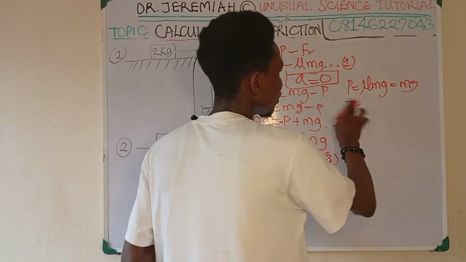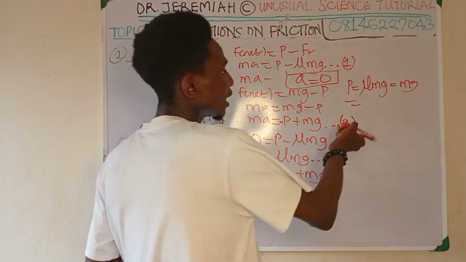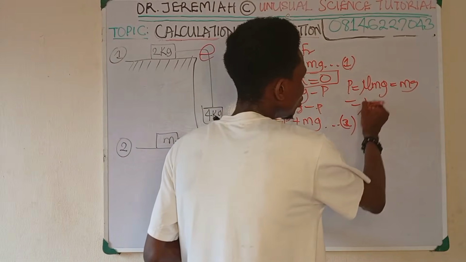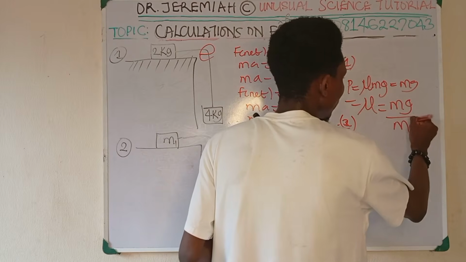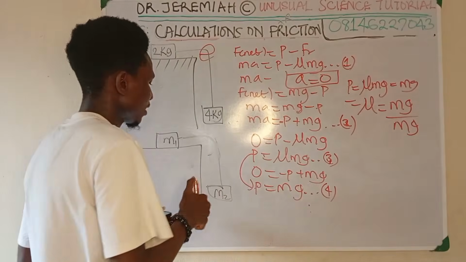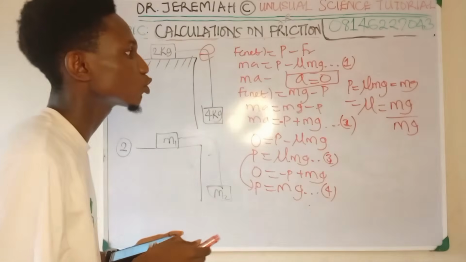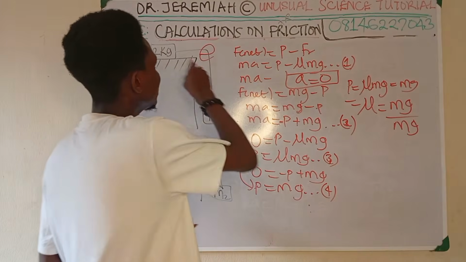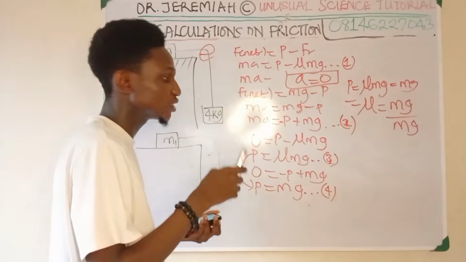So it means that you have μmg equals mg, and common sense will tell you to make the coefficient of friction the subject of the formula, I'm going to get mg over mg. Now I made an error since I started. I didn't indicate the m1 and m2. Please always indicate it. You know how we solved the previous question, we said m1 is 2 kg, but this one they didn't give us any value, so we must indicate it.